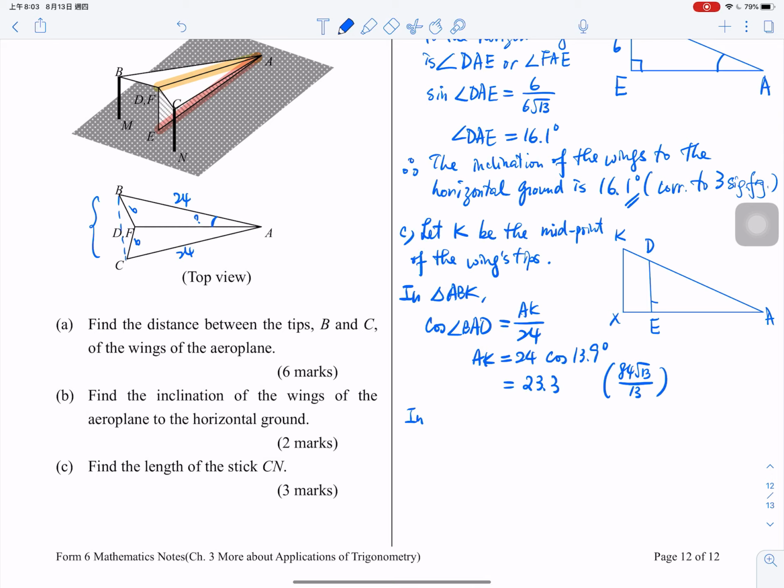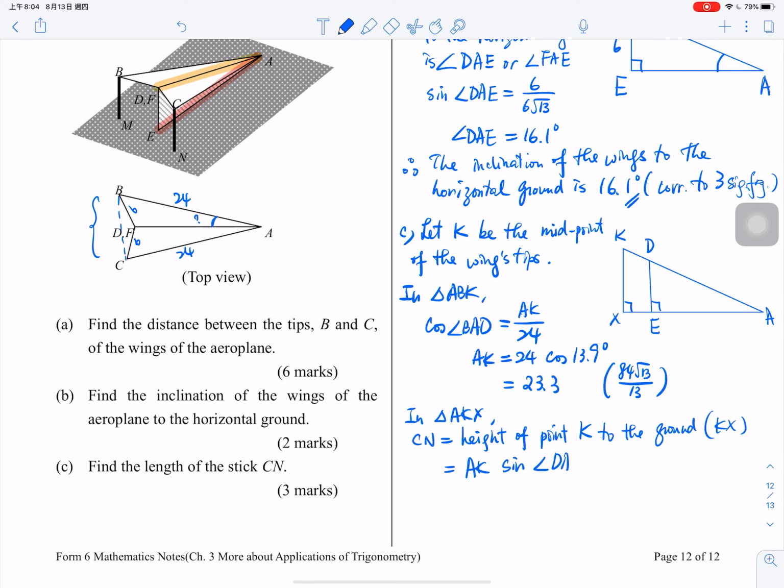Actually, both are right angle triangles. So in triangle AKX, CN actually equals the height of point K to the ground. That means just now I say that is KX, right? So AK sine angle DAE. Okay?